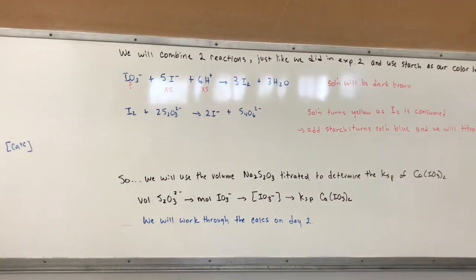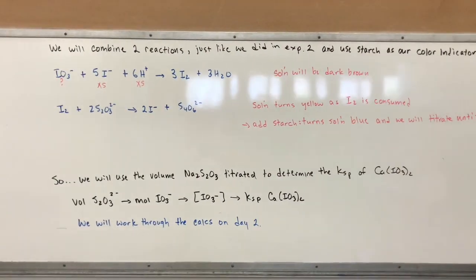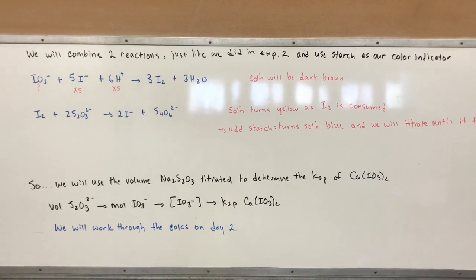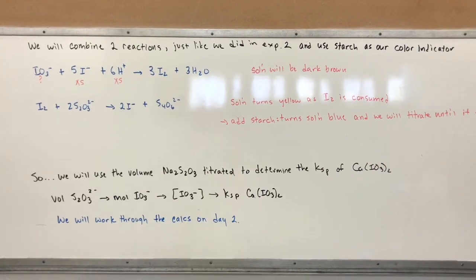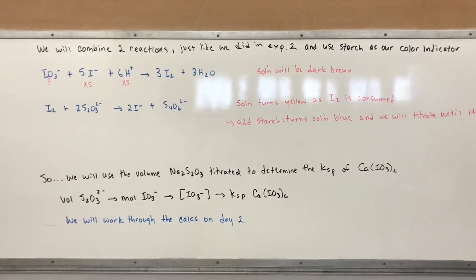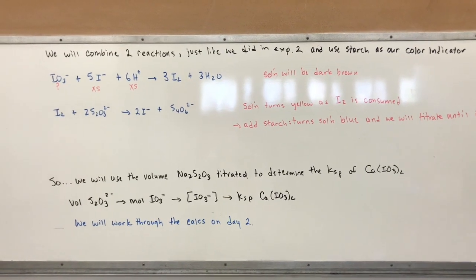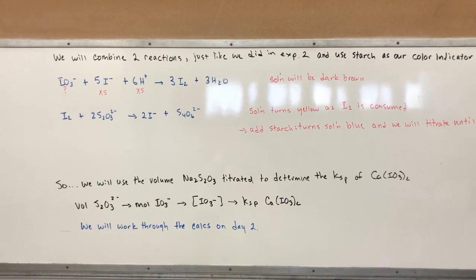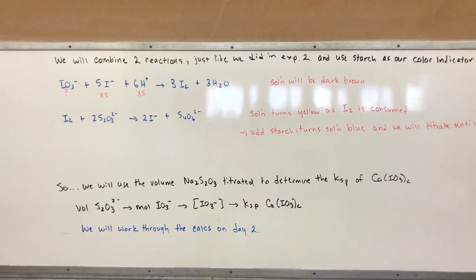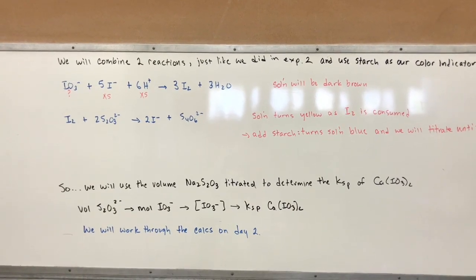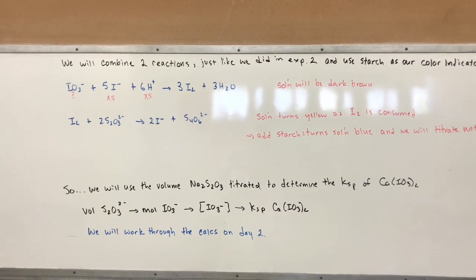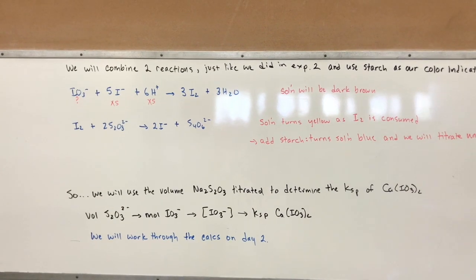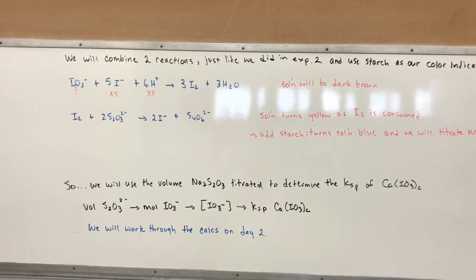We're going to be doing something very similar to what we did back in experiment 2, where we're going to be combining a couple of different reactions and using starch as our color indicator. We know that iodate reacts with iodide and acid to form iodine. That iodine will then react with the thiosulfate, which we're going to be using as our titrant.